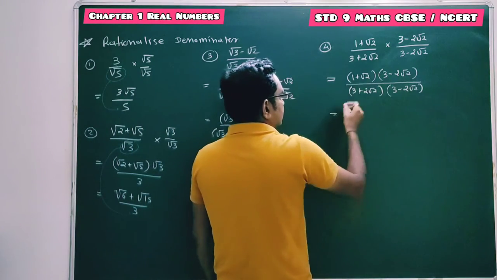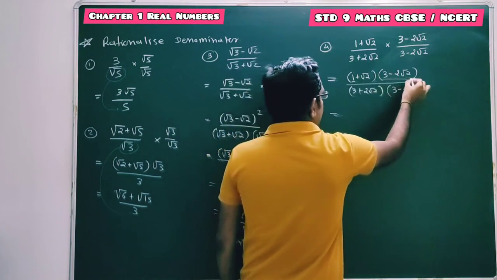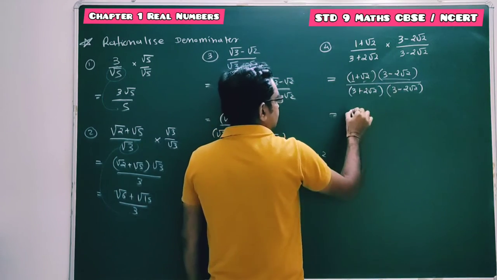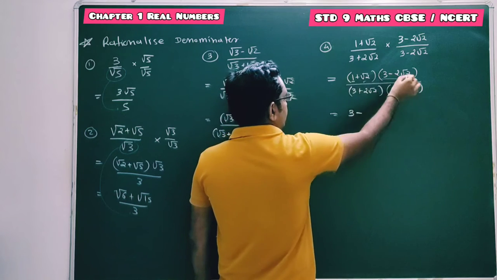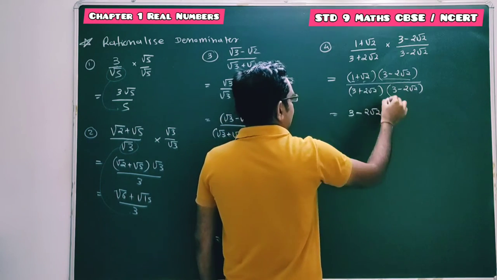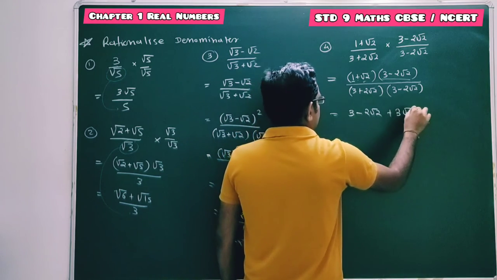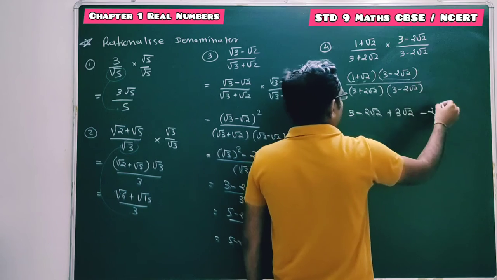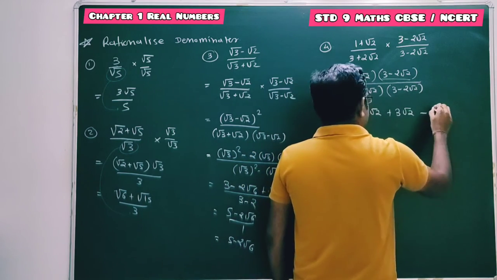Binomial with binomial. Multiply this 1 with the entire bracket, and this root 2 with the entire bracket. So it's 1 into 3, 3, minus 1 into 2 root 2, so minus 2 root 2, plus 3 root 2, plus minus 2 into root 2 into root 2, which is 4.